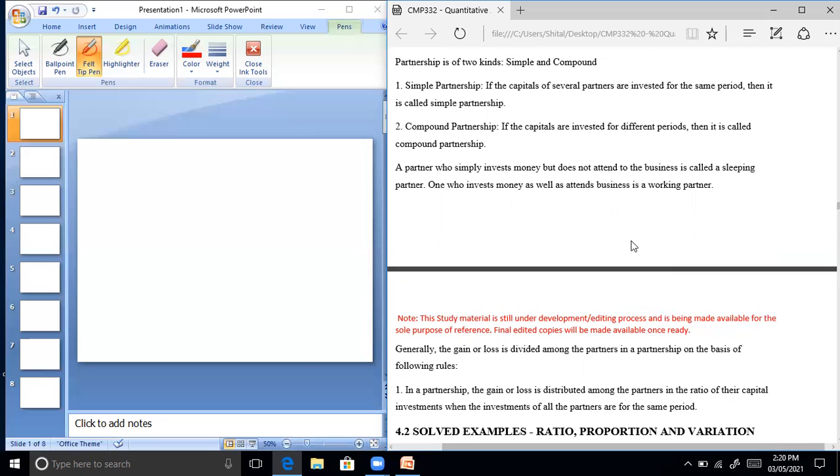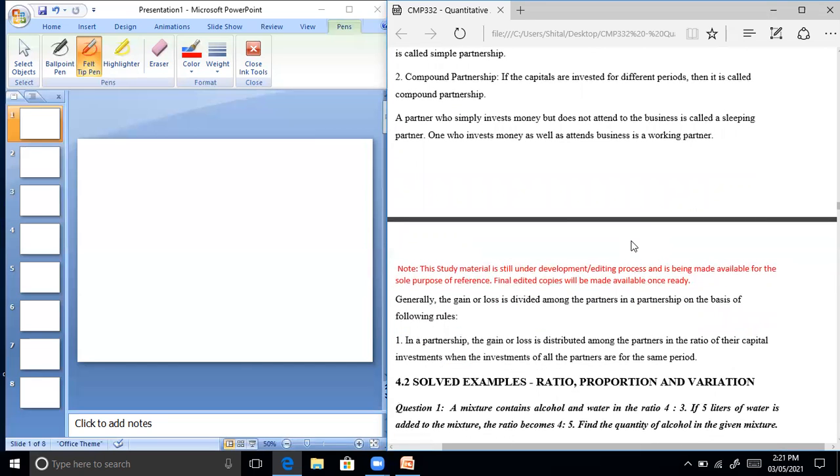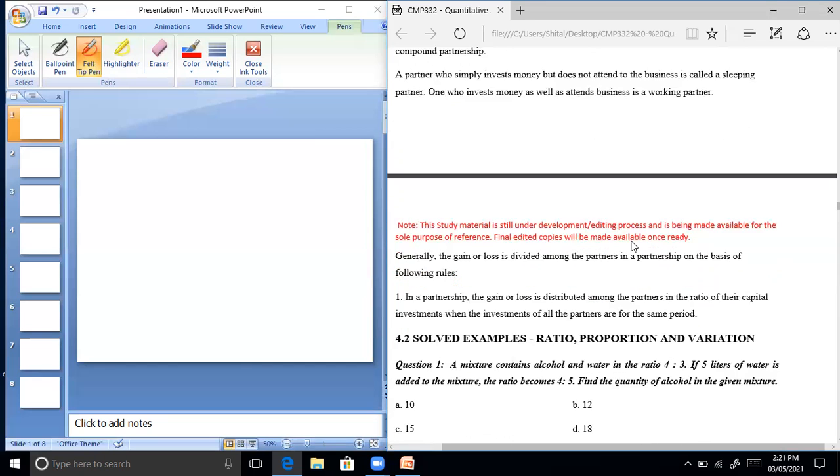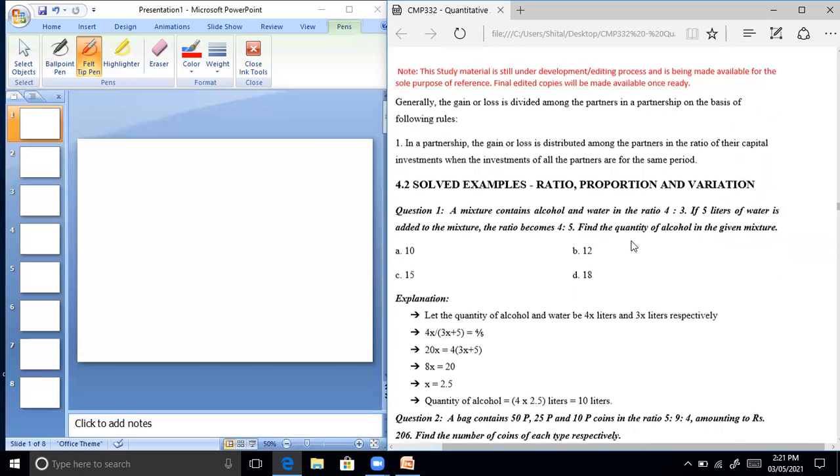In a compound partnership, the capitals are invested for different periods. A partner who simply invests money but does not attend to the business is called a sleeping partner. One who invests money as well as attends to the business is a working partner.